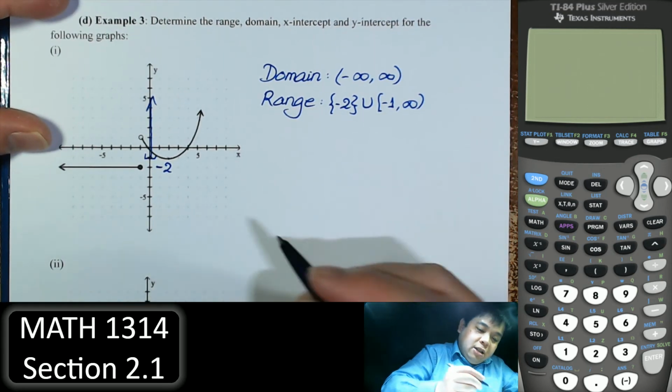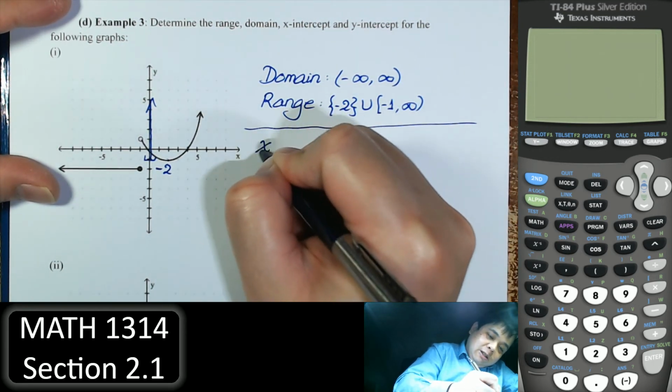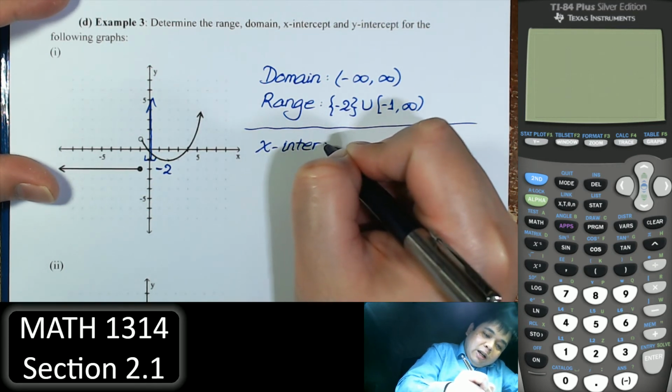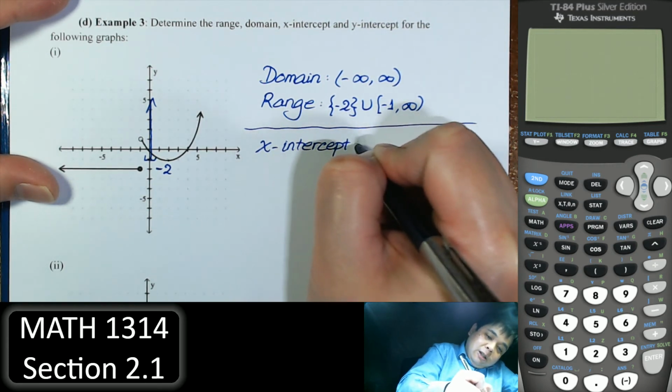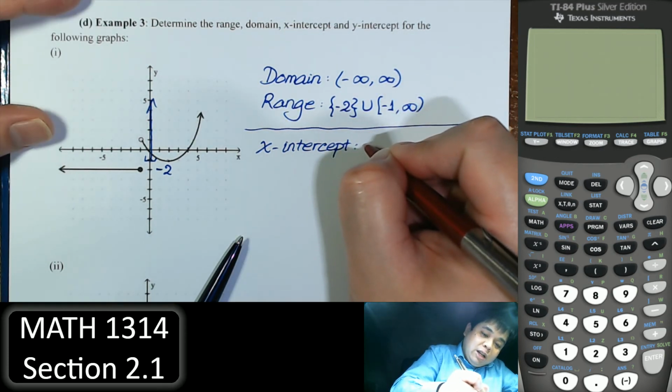The x-intercept is when y equal to 0, or the intersection with the x-axis.